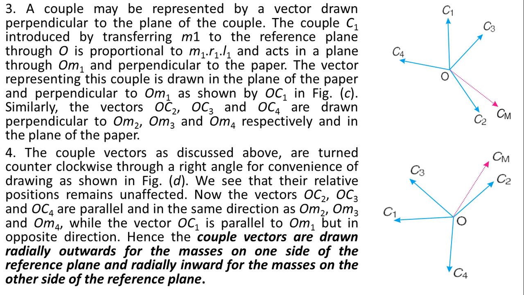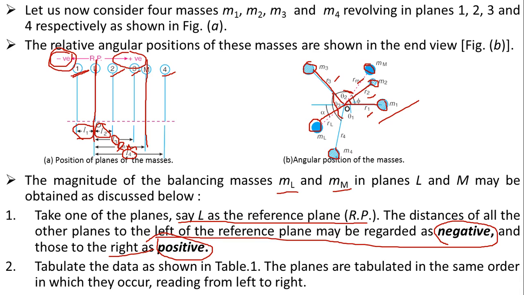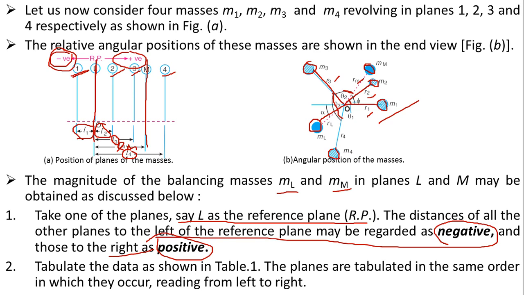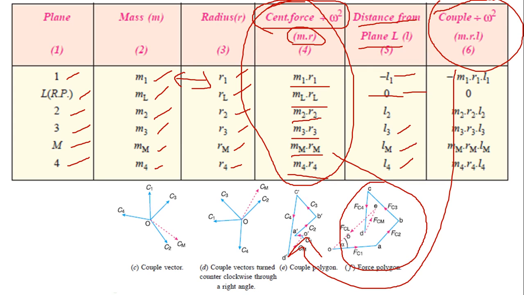Then the distance from the reference plane to the third one is L3. Then here 2 was L2, then this one mass M, LM, then 4, L4. So all the lengths are being taken.